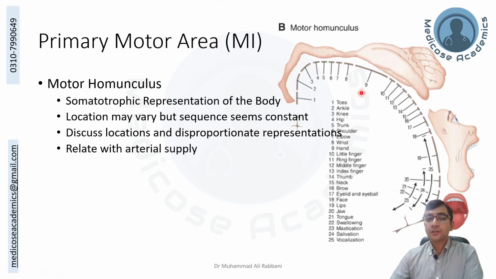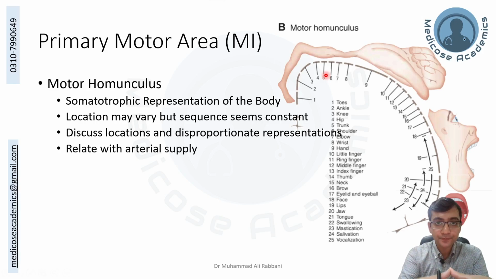And you can see the parts of the body are disproportionately represented. So much area is given to the face as compared to the whole of the leg. The more fine control you have over a part of the body, the more representation area you have in the primary motor cortex.